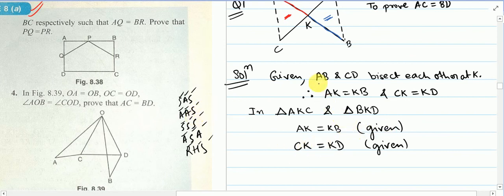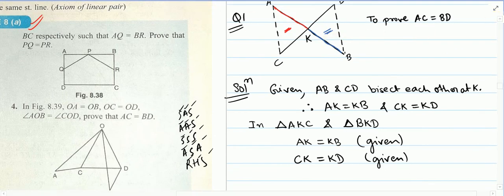So one more thing I need. Here I have already shown 2 sides equal. What else can I see there? I can see that this angle and this angle will be the same, vertically opposite.